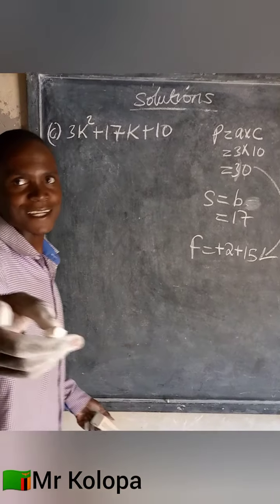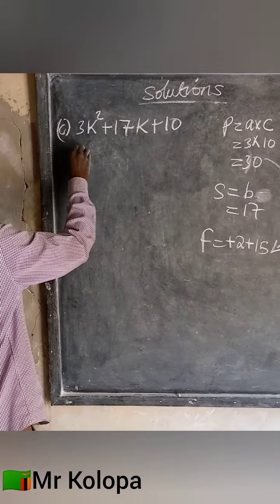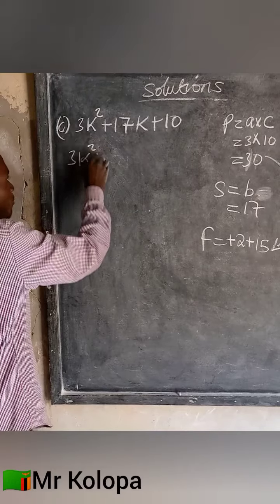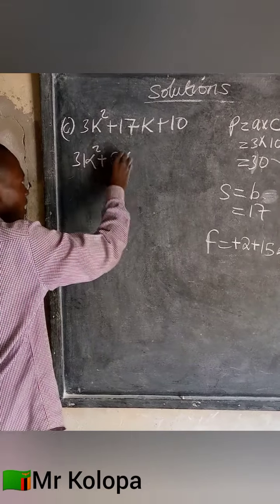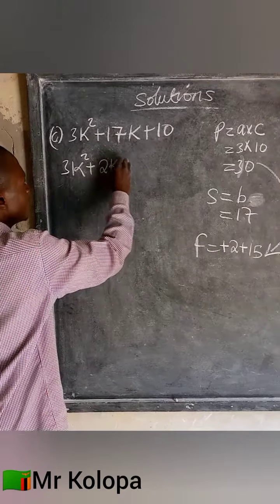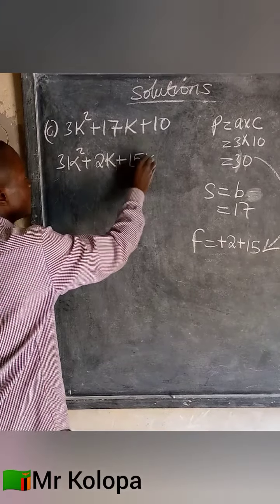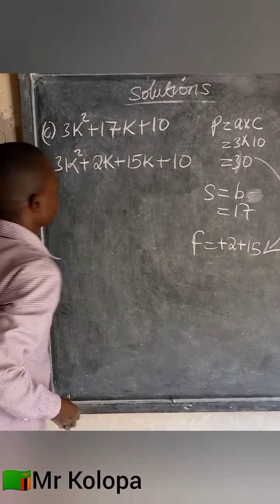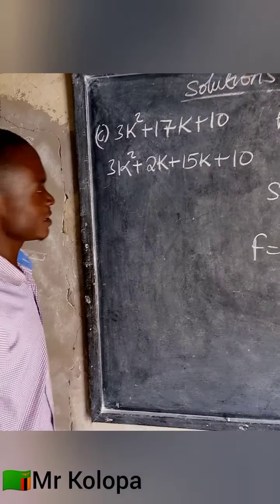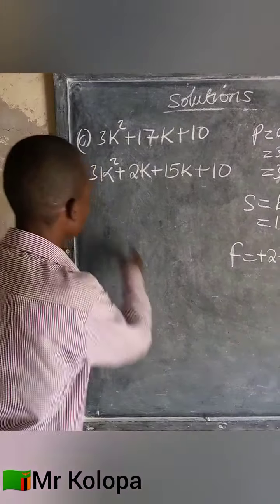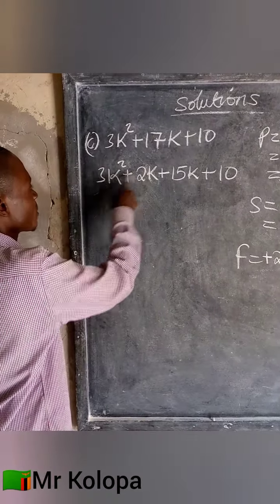Okay, so we are going to have 3k squared, positive 2k, we include the letter, positive 15k, positive 10. Then this is your grouping. So the grouping, what's common on the first two?